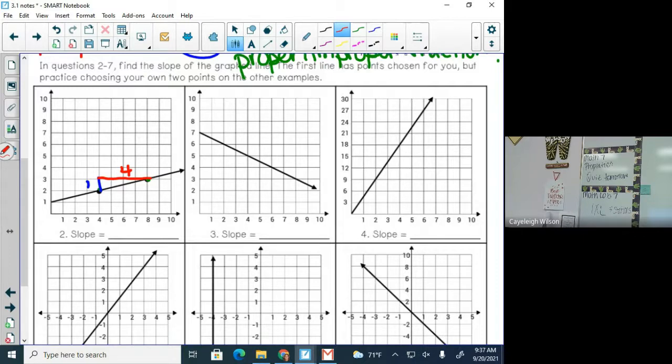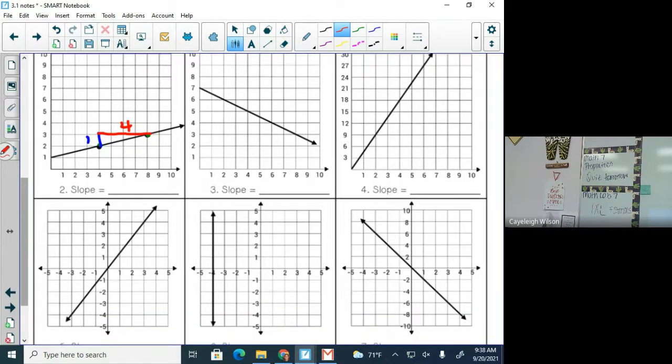I'm just counting from this point to this point. So I rose up 1, I ran 4. Any questions about how I got those numbers? All right, so then I'm going to put my answer as a positive number, because we said this is a positive slope, and I do rise over run. So which number am I going to put on the top? The 1, because I rose 1, and I ran how many?